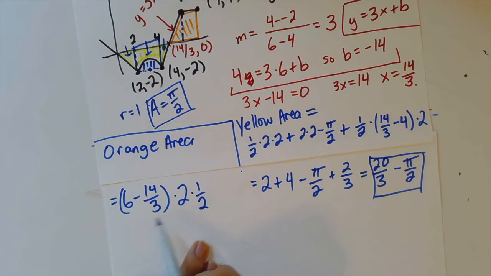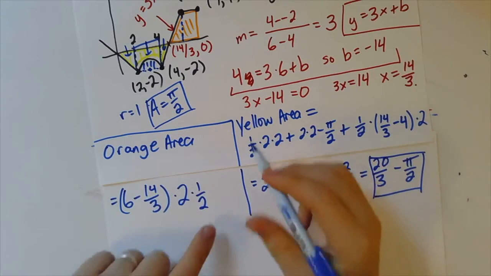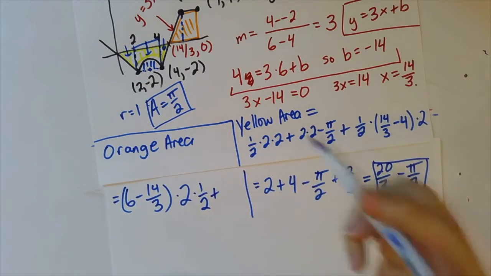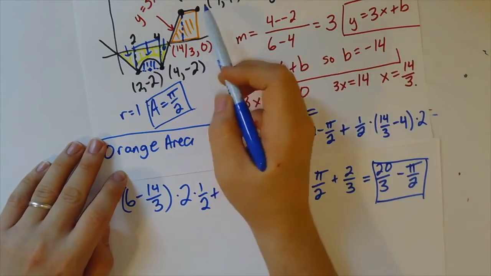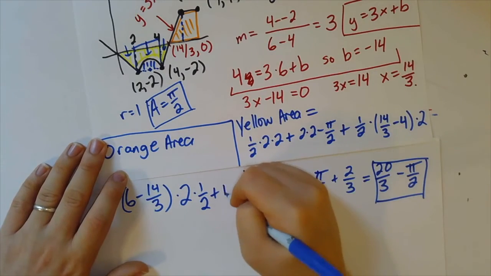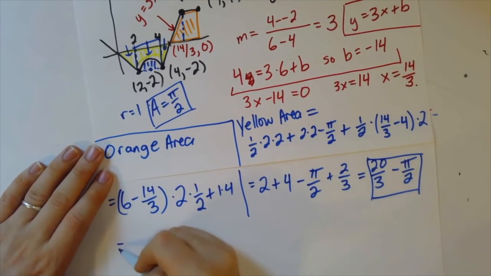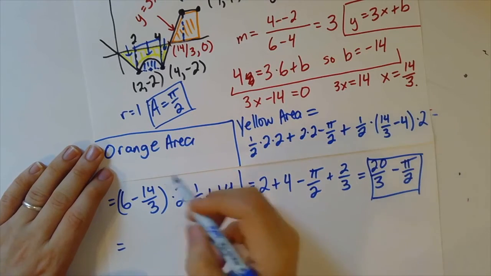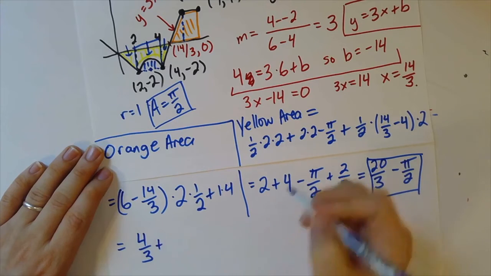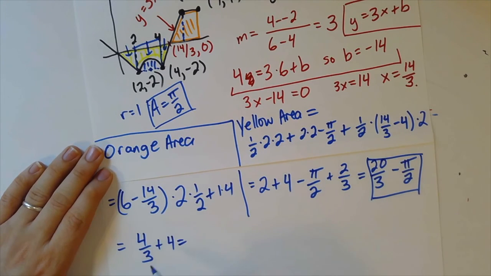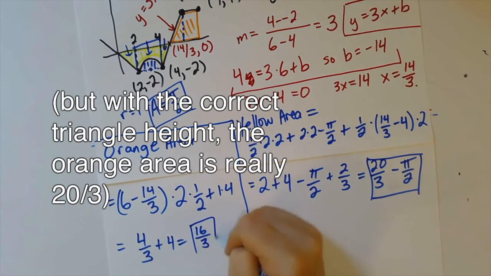But it's 1/2 times the base times the height, just written in an unconventional order, we'll say. And then plus the area of this rectangle, which goes from 6 to 7, so it's 1 wide, and then it's 4 high, so 1 times 4. Okay, and so I can do a little bit of work here. That's 4/3 plus 4. 4 in thirds is 12, so this is 16 over 3. That is the orange area.